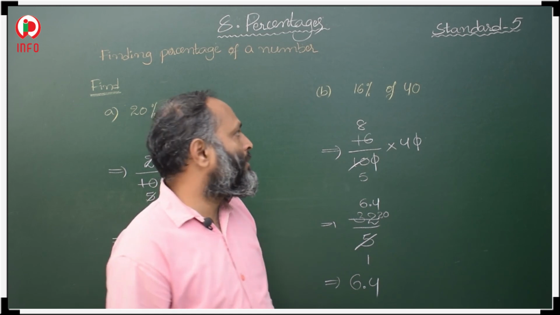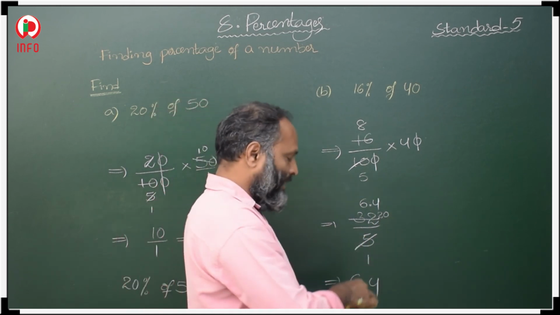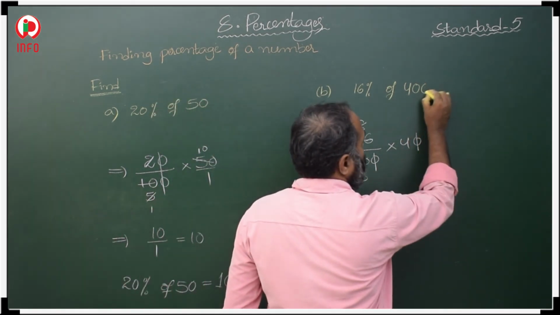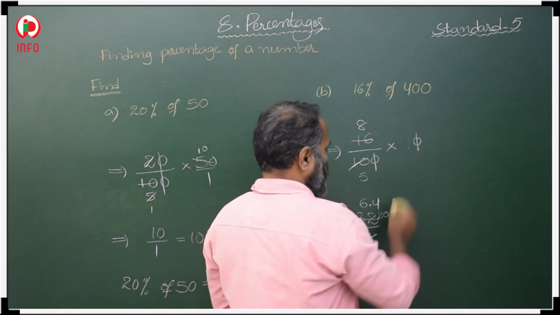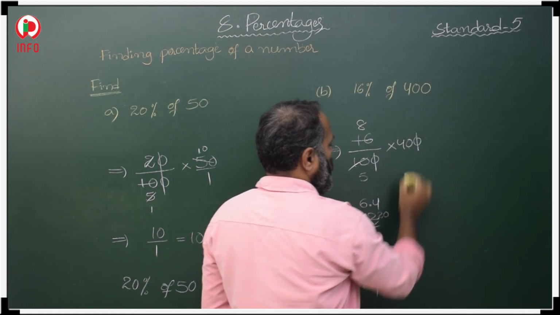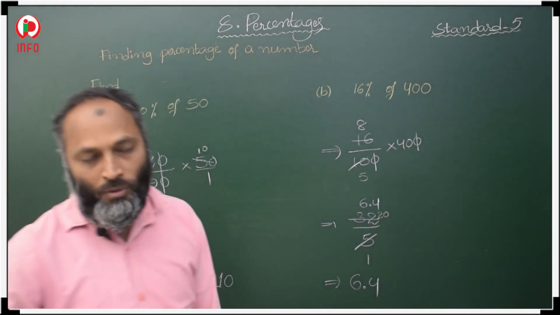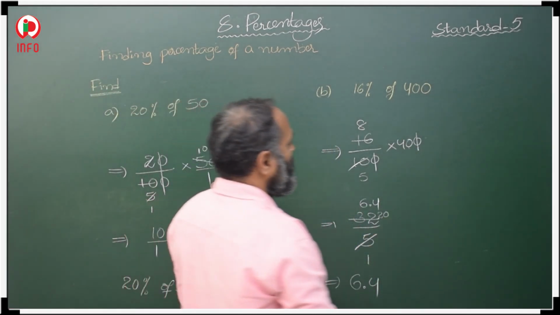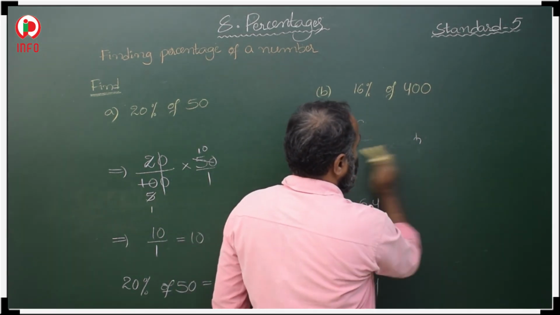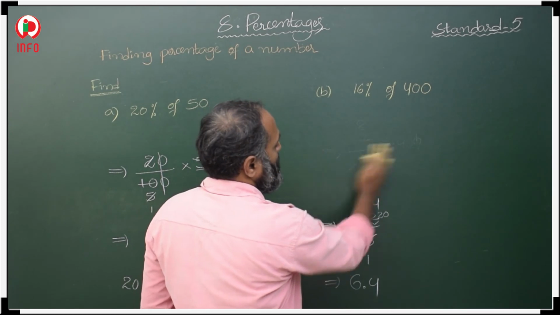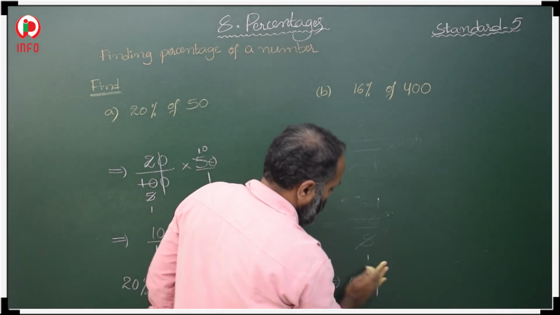Okay. Here in this example 16% of 400 is given, so we have to take 400. Then how to do this one? 16% of 400, how much?